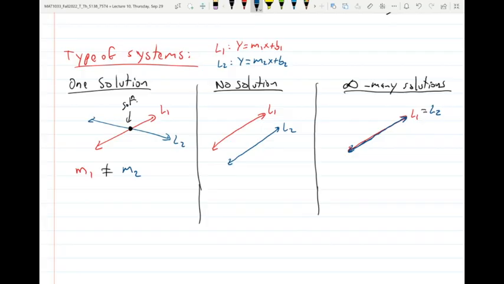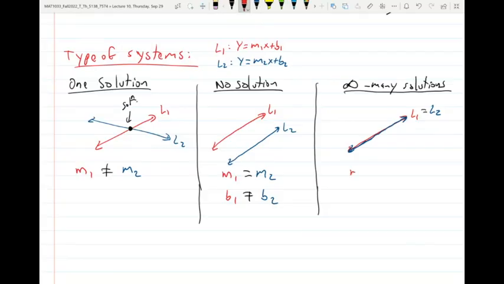So M1 equals M2, but B1 is different than B2. Yes? That's how you know that you are here in the no solution situation. And then the infinitely many solutions case is because we have the same line.